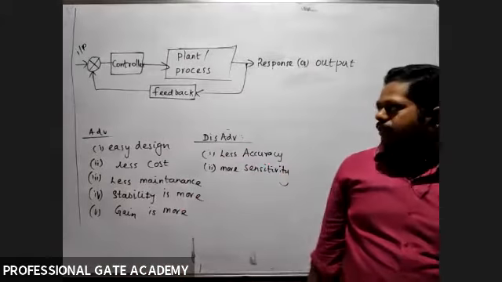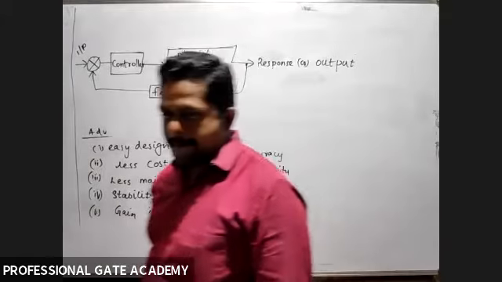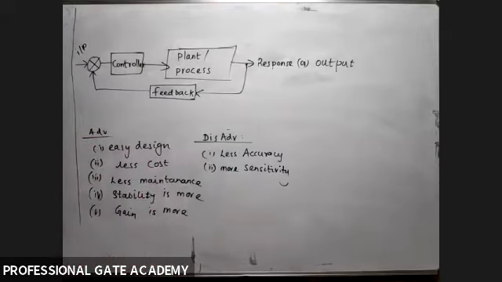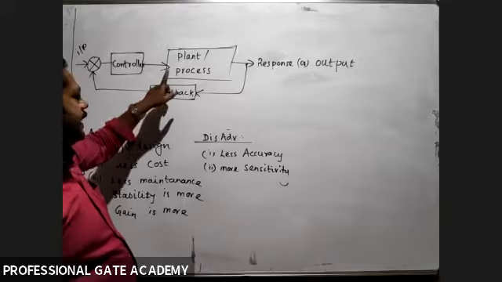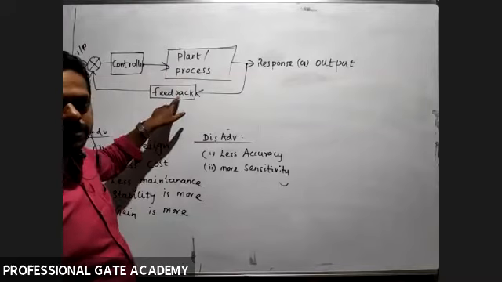So this is the block diagram of a closed loop system. So what is the extra element present in the closed loop system?